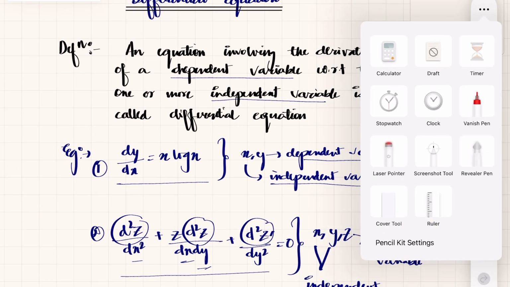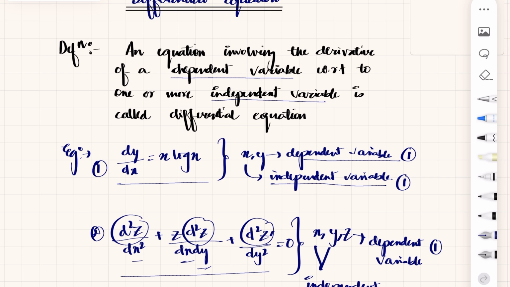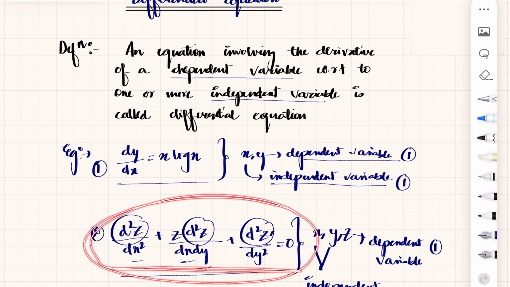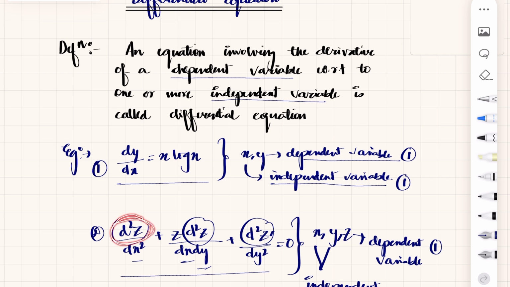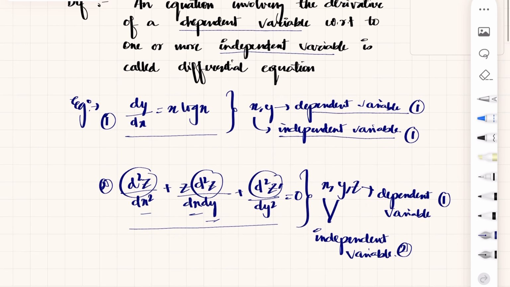We can conclude that an equation involving the derivative of a dependent variable with respect to one or more independent variables is called a differential equation.